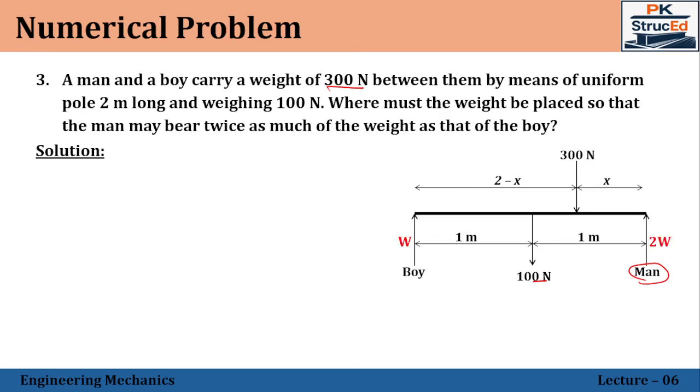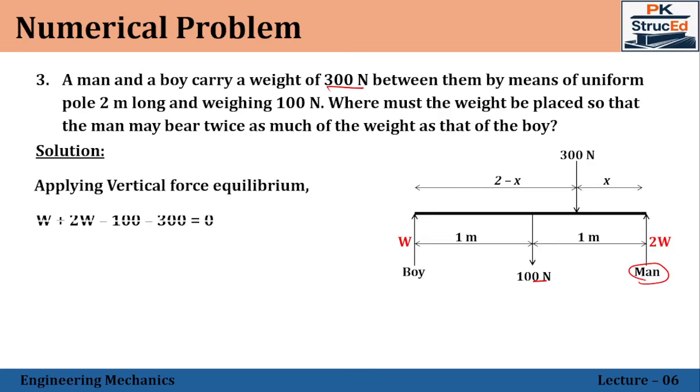Here they mention that the man should carry twice the weight compared to the boy. So if the boy is carrying a weight of W, the man should carry a weight of 2W. Now applying the equilibrium equation, since the pole is in equilibrium, the summation of vertical forces should be equal to 0.